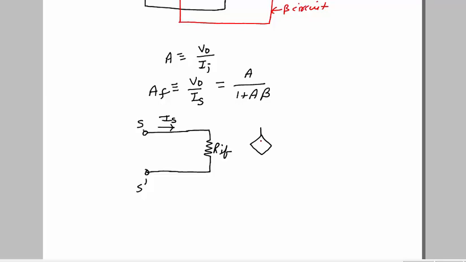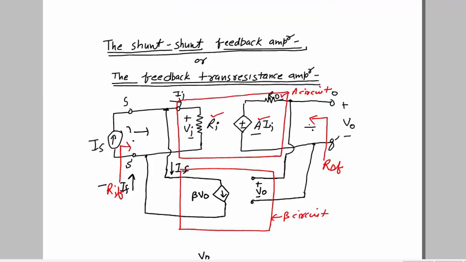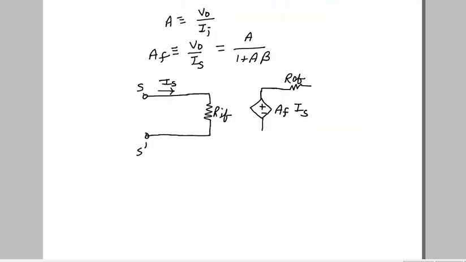Similarly, on the output side we will get a voltage of value AF Is, and from here if you look, it will be ROF. Now this is connected to terminal O dash, and since it's a voltage source, we keep it open.